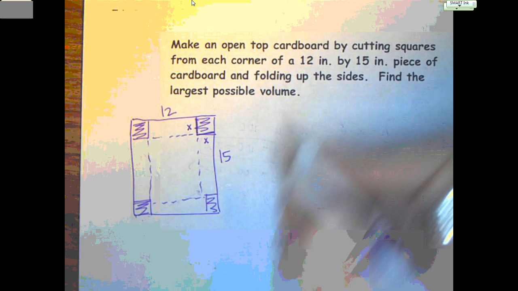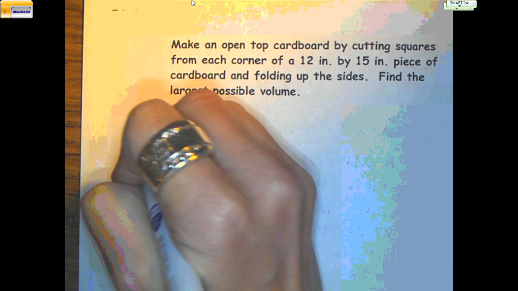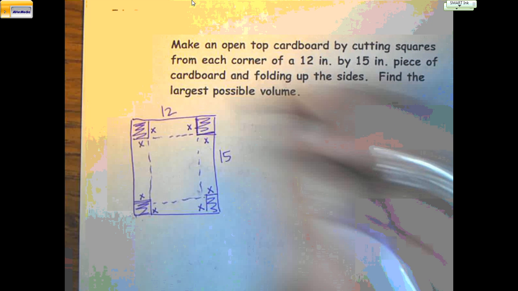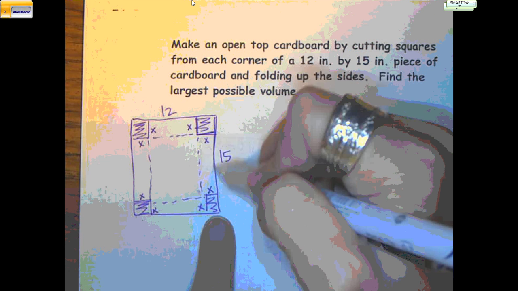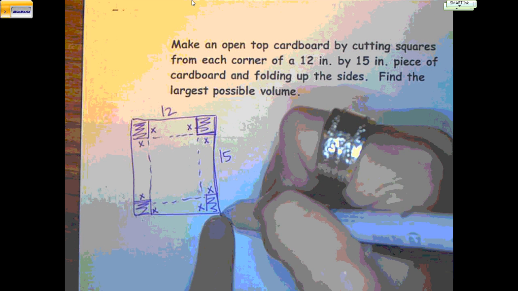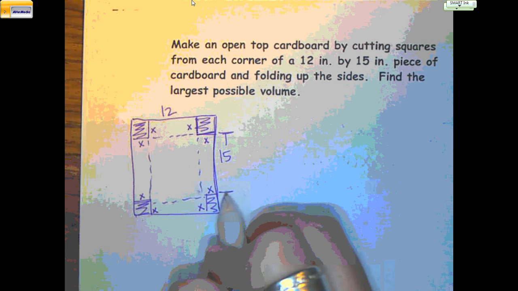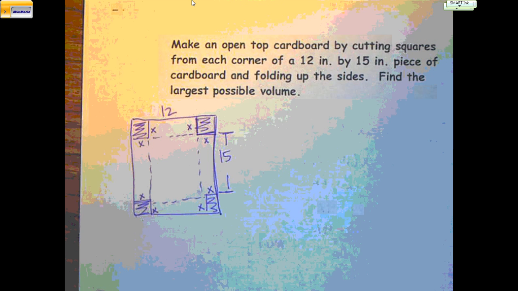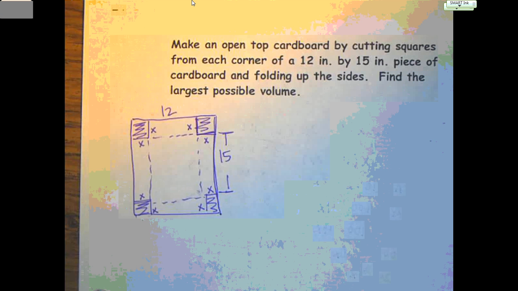Because it's a square. So there's an X, there's an X, there's an X, and so on at every corner. Right here, the cardboard was 15 inches long. After I fold all this stuff up, isn't it just going to go from here to here? Yeah. So it's not 15 anymore. What is it?